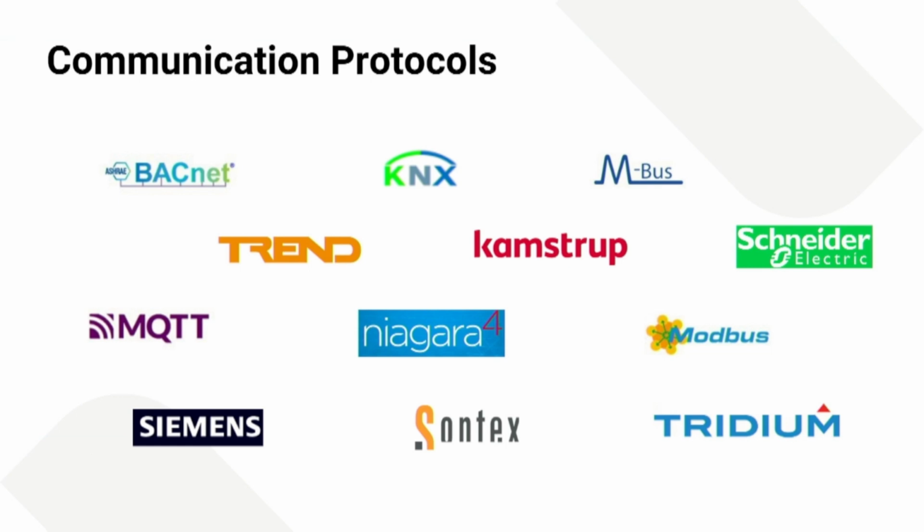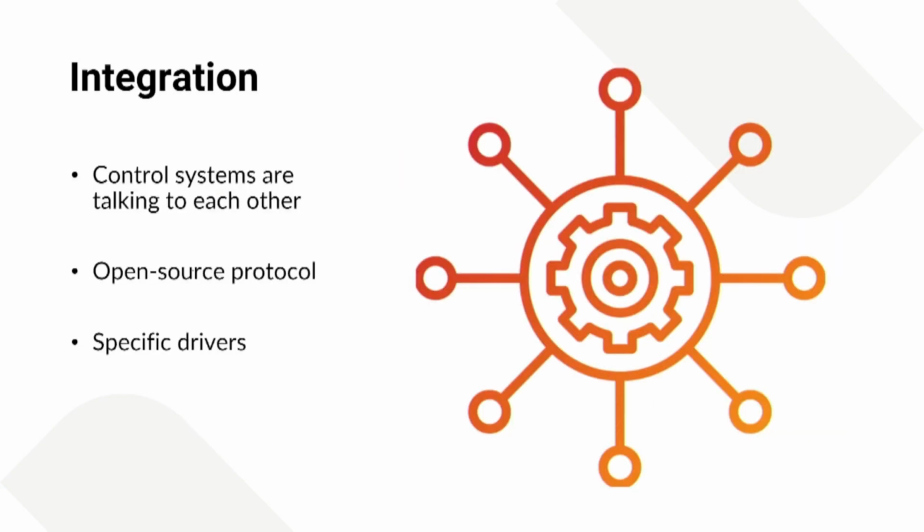There are many communication protocols, and here's just an example of a few of them. Some of which are open source, such as BACnet, Modbus, and MQTT, and some of them are licensed. The term integration is given to control systems talking to each other.